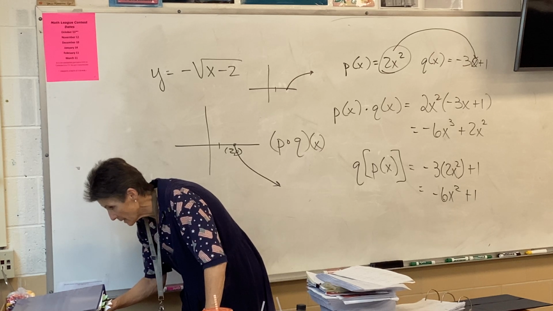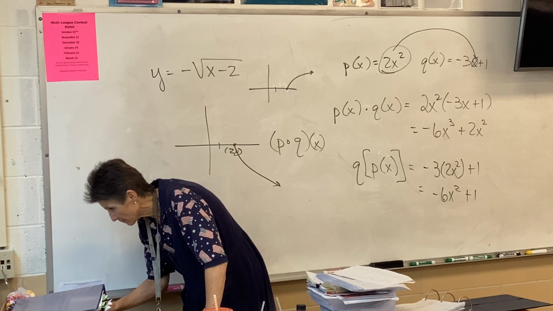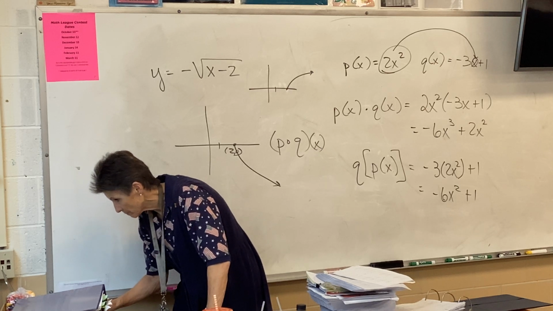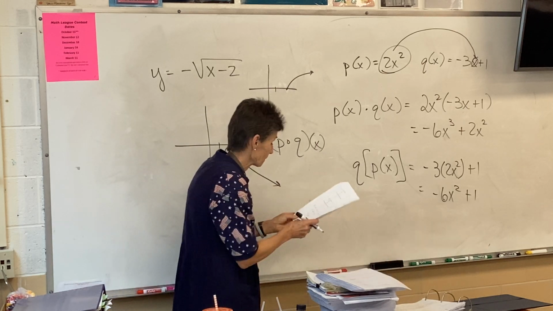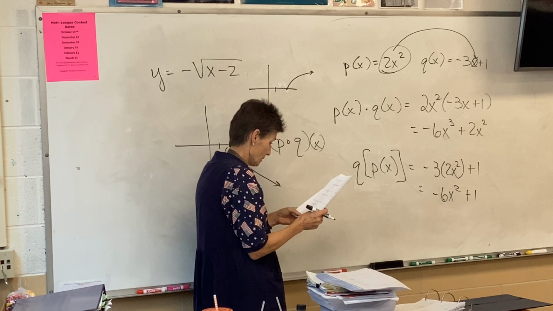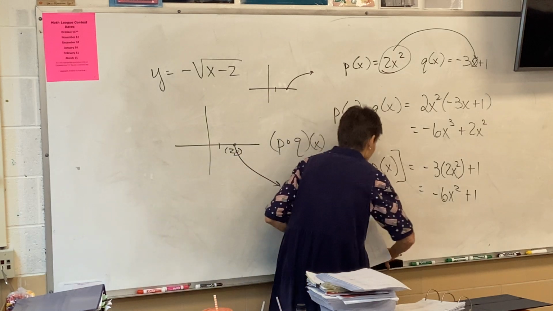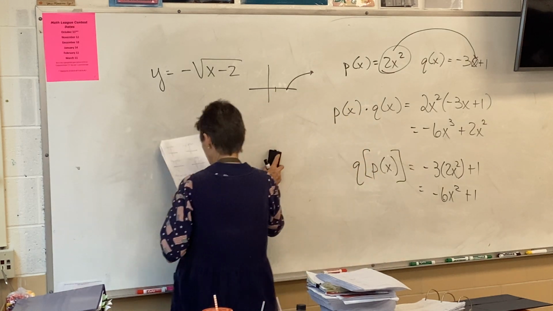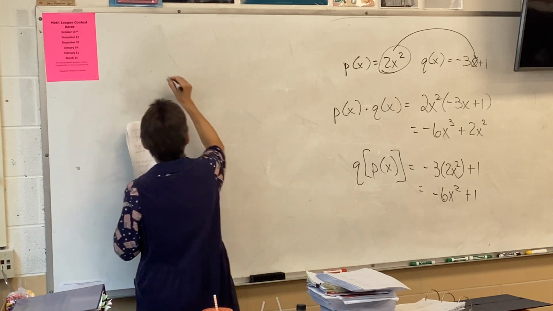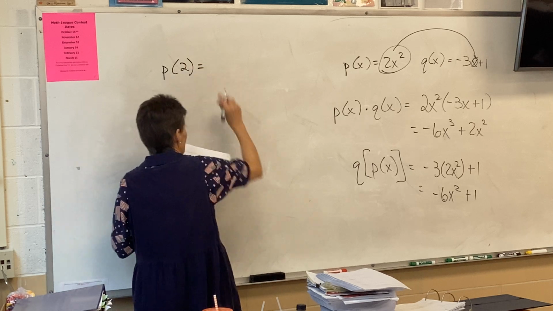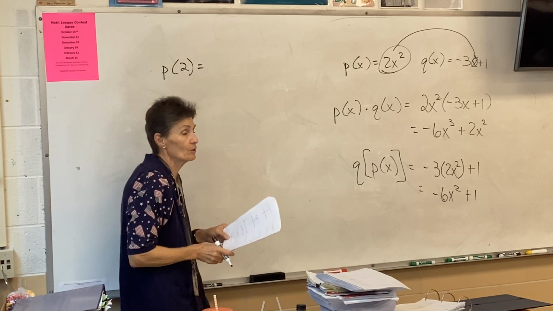Alright, what's happening in the next one? Okay. What are we doing for this next one? We're finding P of 2. Alright. Figure out what P of 2 is and tell me. What's P of 2?